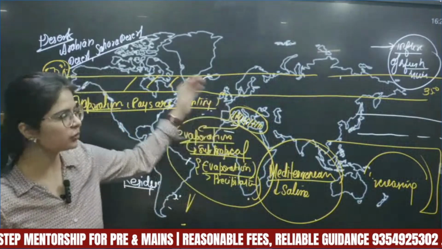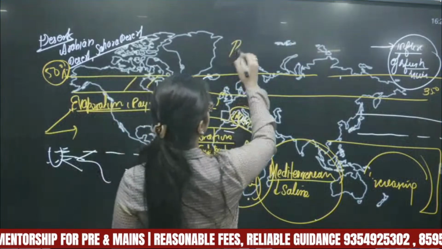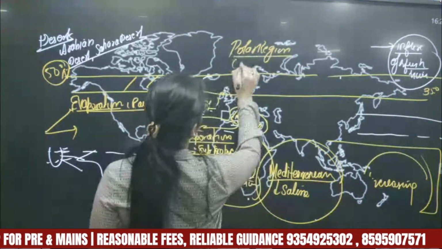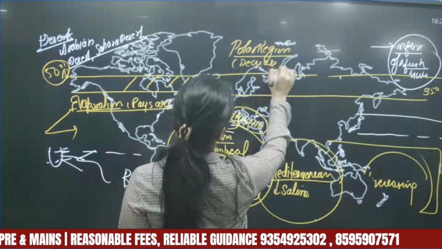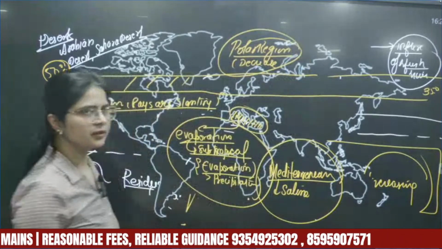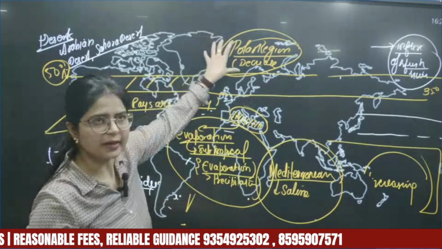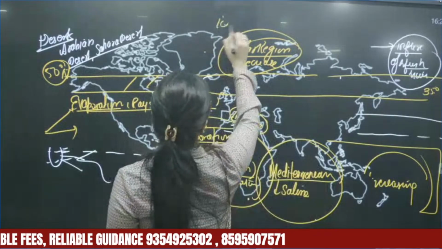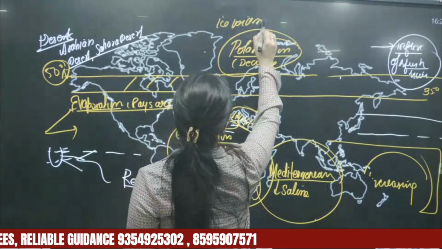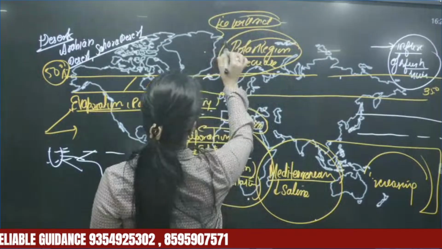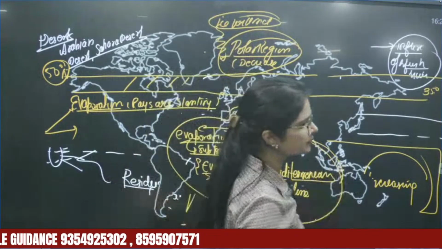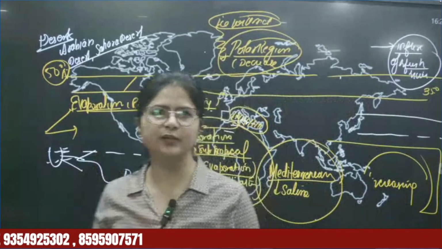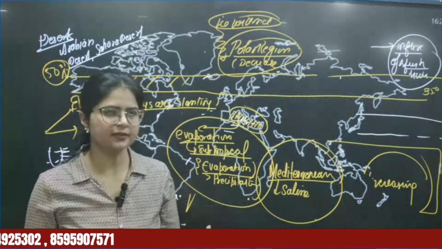And as you further go in the polar regions, the salinity will further decrease. Reason? Because in the summertime, the ice will melt. When ice will melt over here, this fresh water will get mixed with the oceans. And since they are getting mixed with the ocean, it will further reduce the salinity of the area.